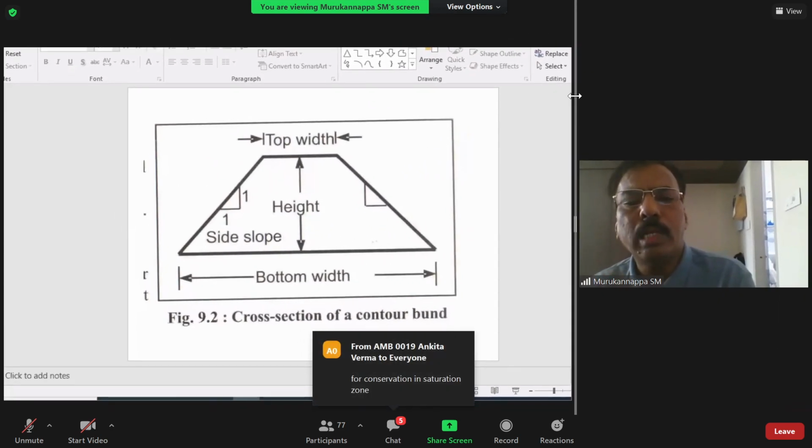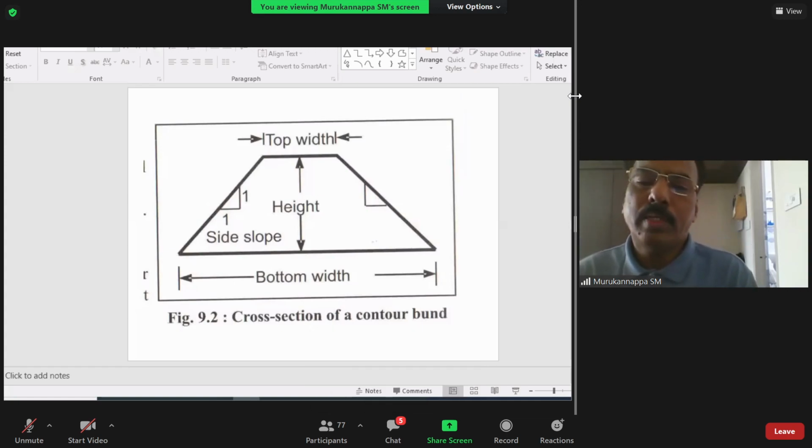Usually 1:1. Sometimes, based on the types of soil, if it is more clay soil, the slope is given more, up to 1:2. Okay, did you get this one?